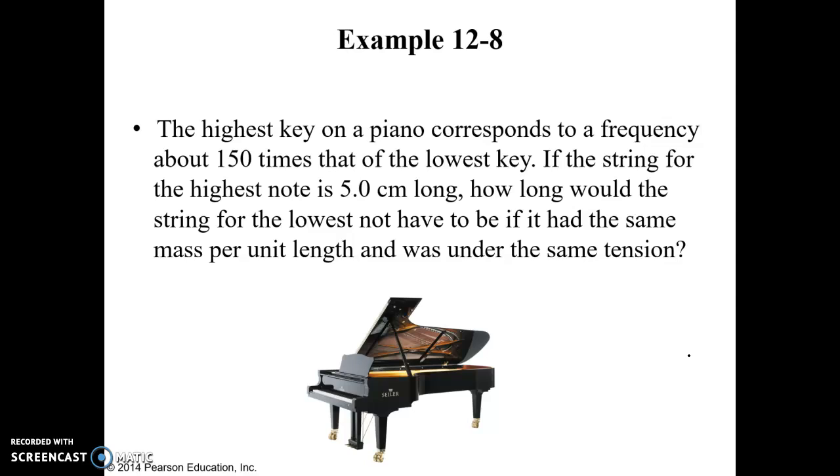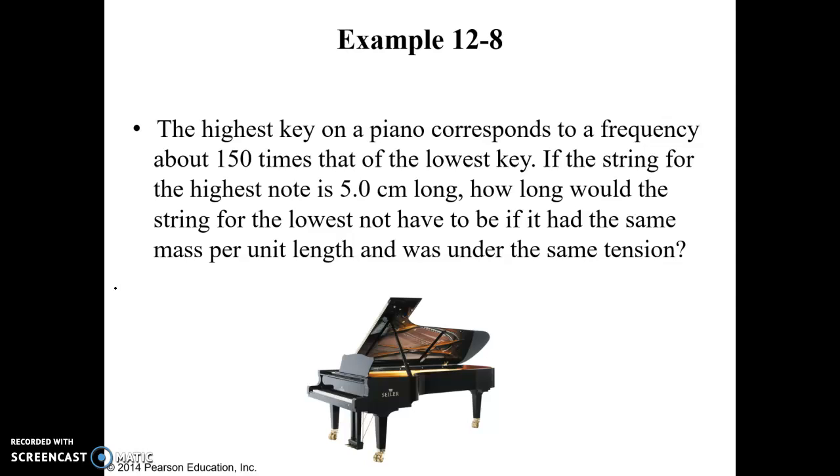So let's look at an example problem where we consider the possibility of a piano whose strings are all the same thickness. If we only depended on the length of the string to affect the pitch and not the thickness, what would that look like?